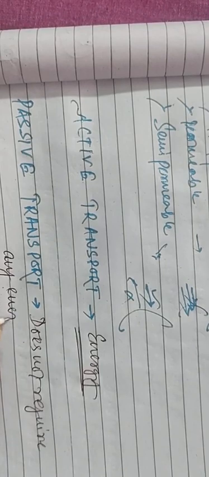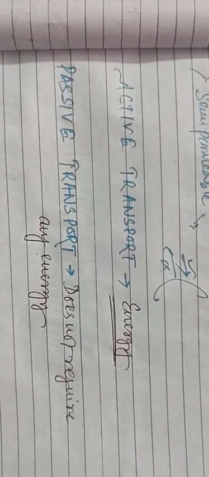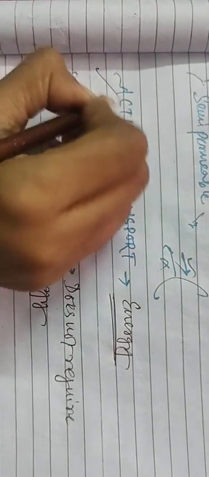Active transport requires energy, but passive transport does not require any energy. Through active transport, most types of solutes can enter the membrane, but passive transport is always along the concentration gradient. So this is the basic idea of active and passive transport.